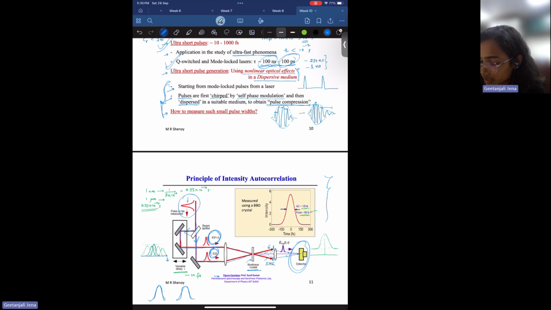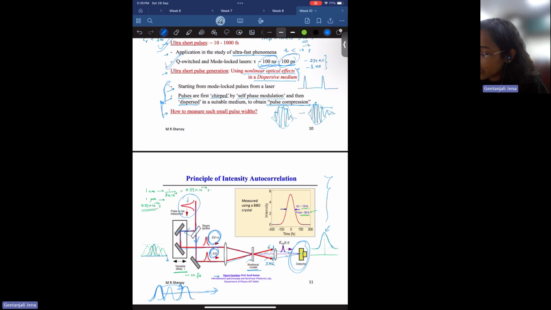That is, the pulse is here, or the pulse is here. So it moves in this range. And when this pulse overlaps the initial pulse, then we'll see a spike in the intensity.